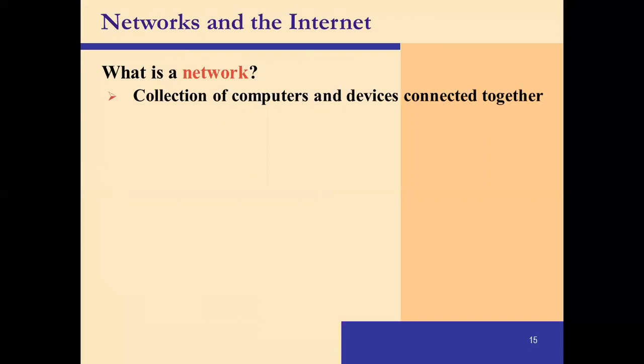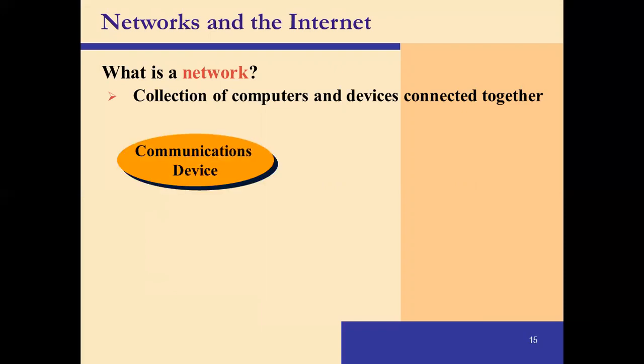So network means collection. Network is basically a connection that connects either devices or people. When they are collected together, we can say that they form a network. In computation, we can say that a collection of computers and devices connected together is called a network.